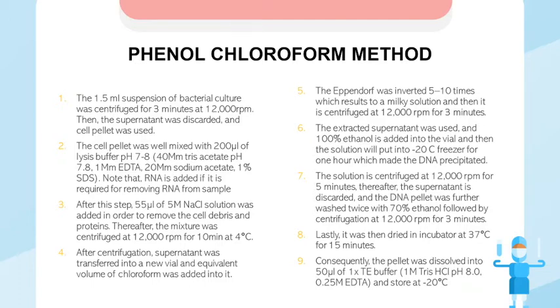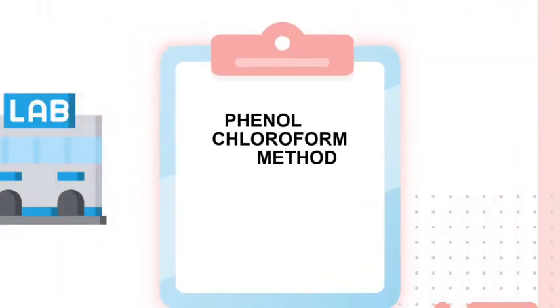And lastly, it was dried in an incubator at 37 degrees Celsius for 15 minutes. Consequently, the pellet was dissolved in 50 microliters of 1 times TE buffer, which consists of Tris-HCl with a pH of 8 and 0.25 EDTA, and stored at 20 degrees Celsius.